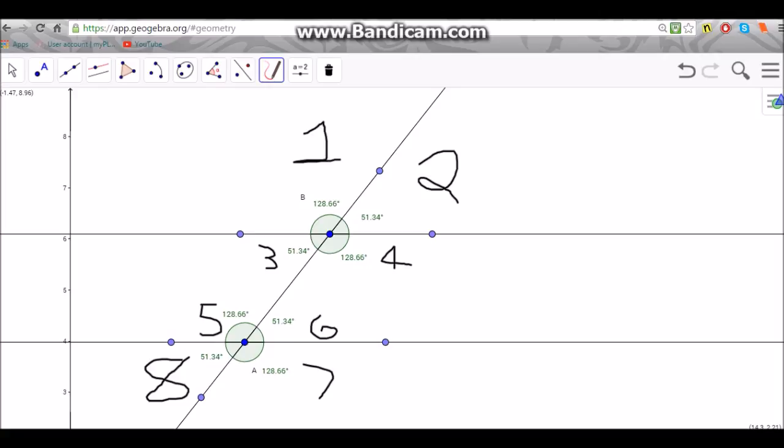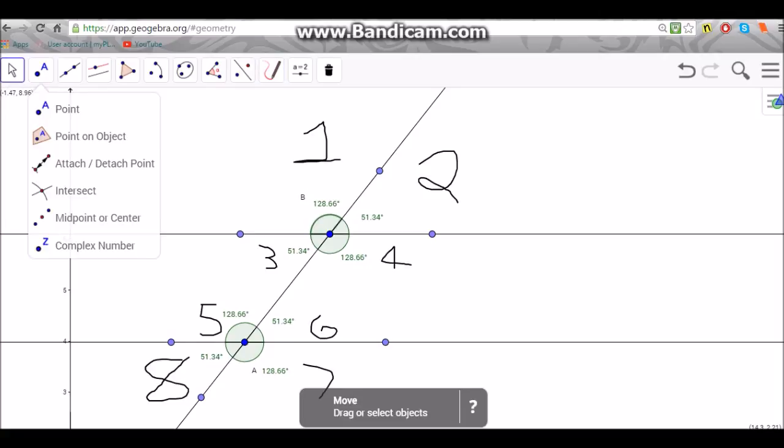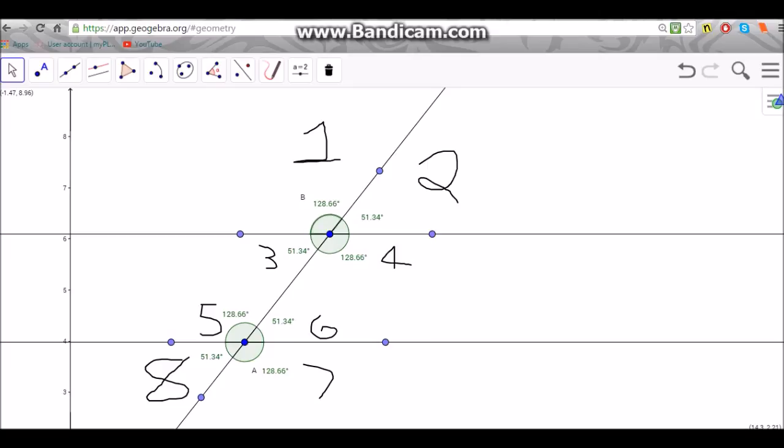Okay, so now we're going to talk about supplementary angles. This is the first relationship I want to discuss. Supplementary angles are angles whose sum equals 180 degrees. So if you were to take two angles and add them up, it would equal 180 degrees. So angles 1 and 2 are supplementary angles because 128.66 plus 51.34 equals 180 degrees.